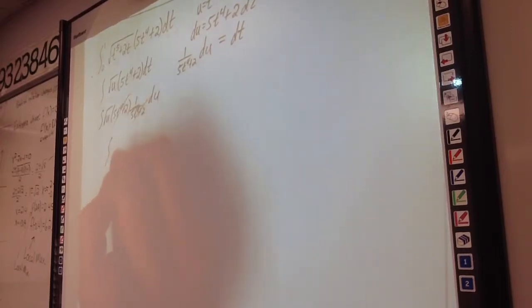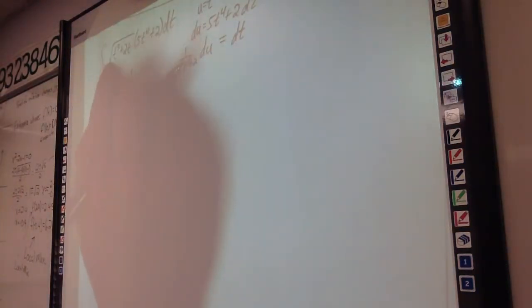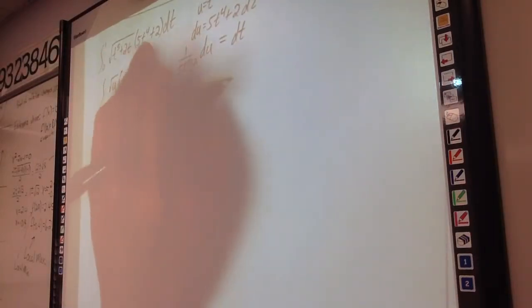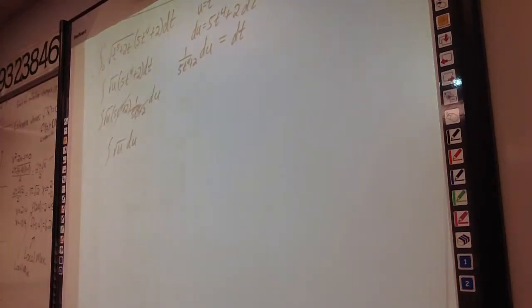So now I have square root of u du. But hold on, this is where it changes. These numbers were from 0 to 1 for t, for this function. Sorry. I want you to write this down before I speak.